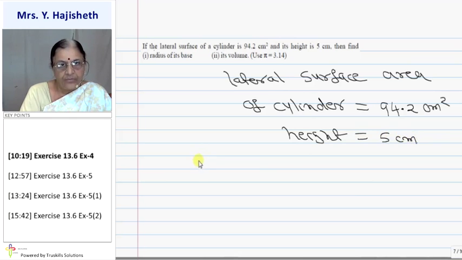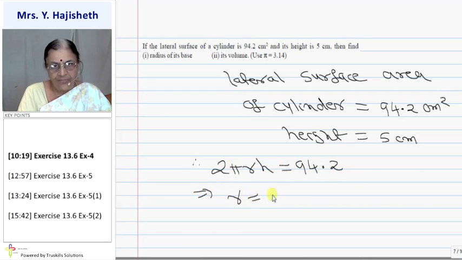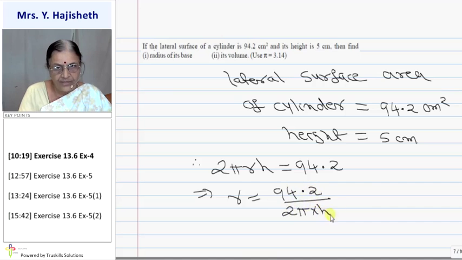Now, therefore I can say lateral surface area is 2 pi RH is given as 94.2. So, I should find out R. R will be 94.2 upon 2 pi H. Clear?